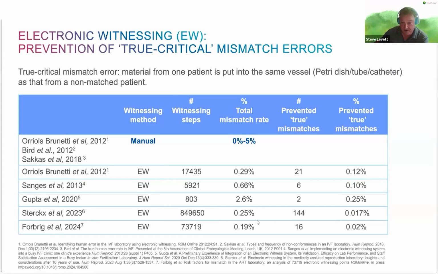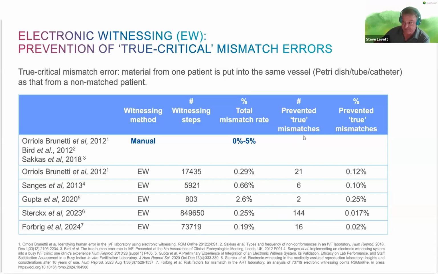And they saw a mismatch rate of 0.25%, despite having electronic witnessing. Because of electronic witnessing, though, these mismatches, of which some were true mismatches and potentially critical, 144 of them, were prevented. So some mismatches that happen are because an old dish is left in the work area, etc., which wouldn't cause potentially a problem going forward.